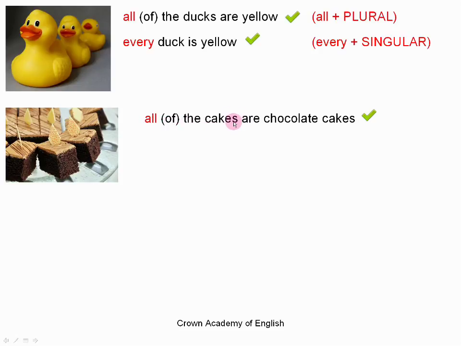Cakes are chocolate cakes. And we can also say the same meaning in a different way. We can use the word every, and we say every cake is a chocolate cake. So every, and cake in singular form, is a chocolate cake.